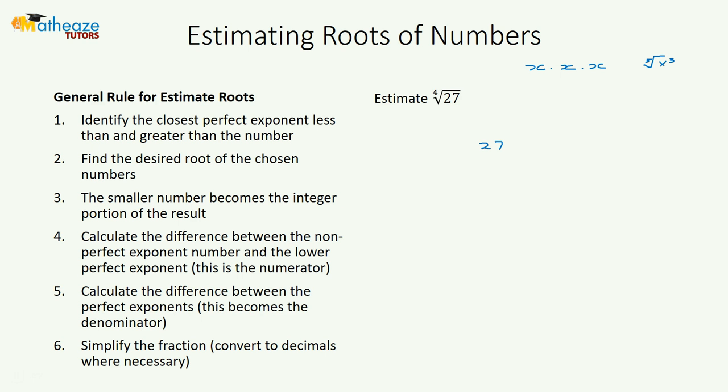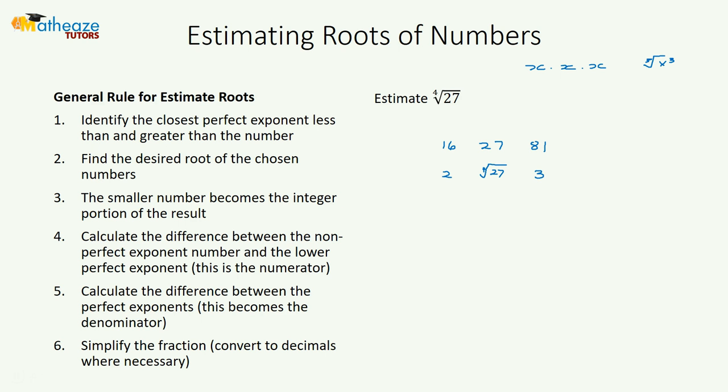So the lower number here is going to be 16, because 2 to the power of 4 is 16, and 3 to the power of 4 is 81. So the fourth root of 16 is 2. Then we're dealing with the fourth root of 27, and the fourth root of 81 is 3.